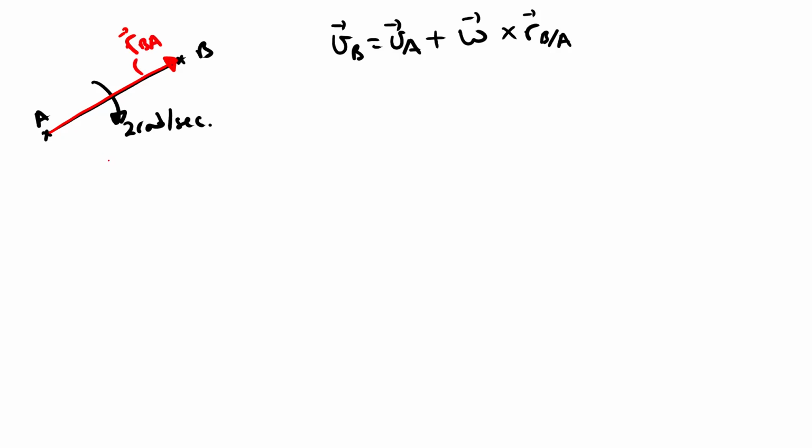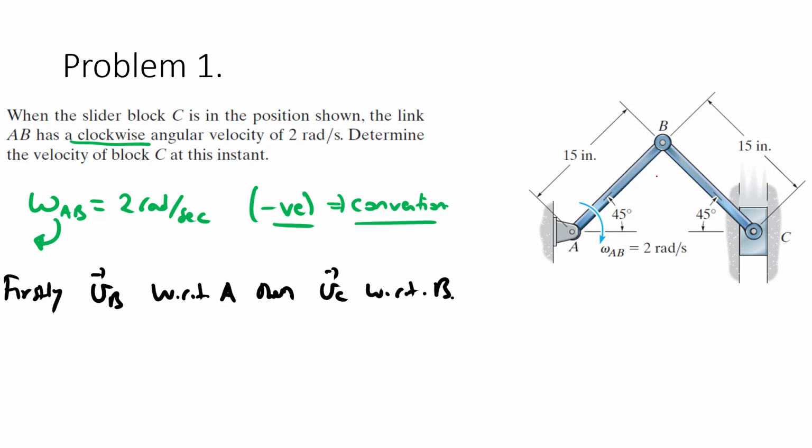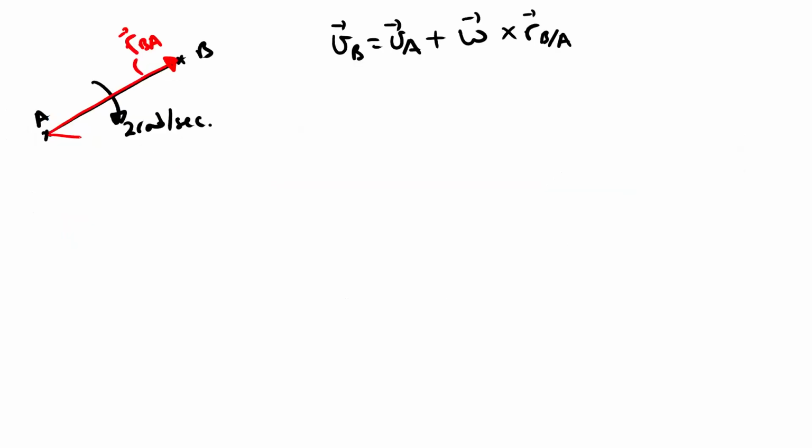It has two components. One is here and the other one's there. Let me just show the components. That is r_B/A in the x direction and r_B/A in the y direction.